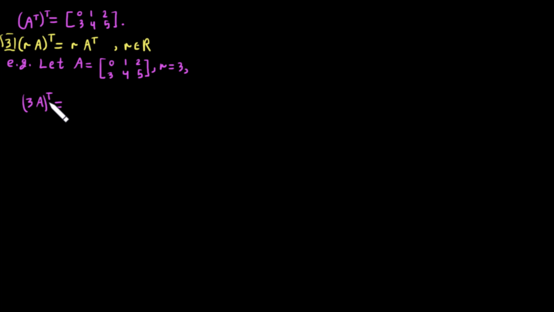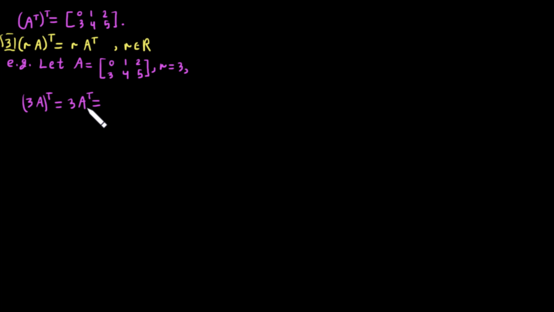So what is the answer of this? You will say this scalar will go out here, 3, and the transpose will distribute to this matrix, which is here A transpose.